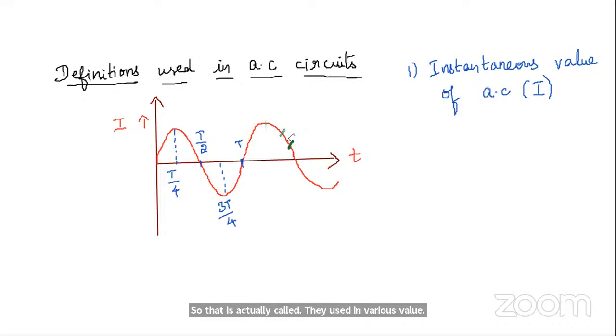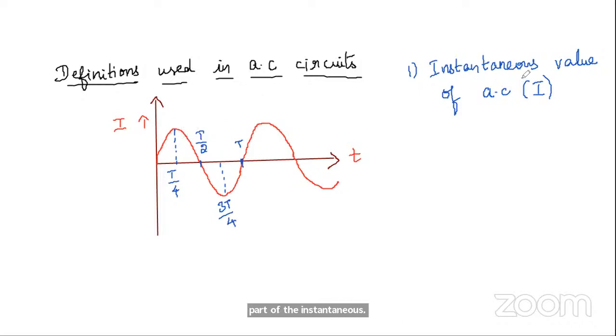At any point on the graph you can find out the value of current, or if voltage is along the y-axis, the value of voltage at that instant of time. That is called the instantaneous value.